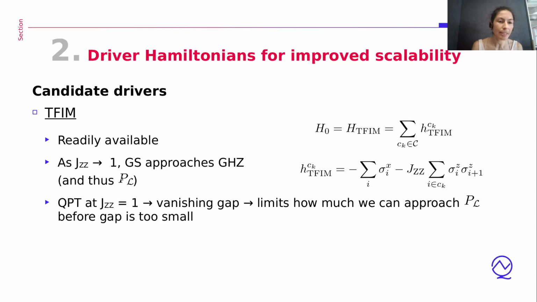And we know that as this JZZ approaches 1, the ground state will approach the GHZ state, which would be completely contained in our logical subspace. And the issue is that there is a quantum phase transition at JZZ equals 1. So as we go to larger system sizes, our gap will vanish. And this limits how much we can approach this logical subspace.